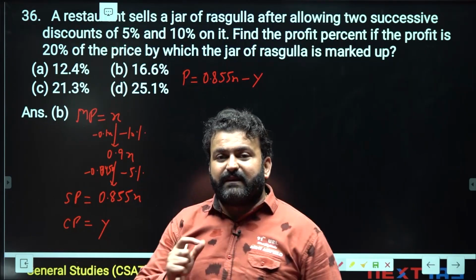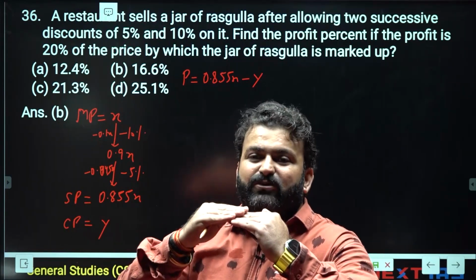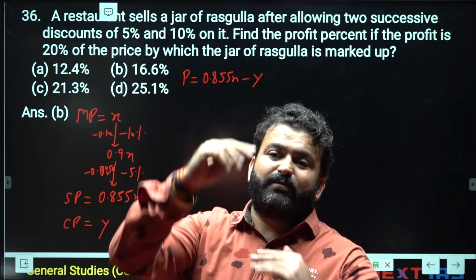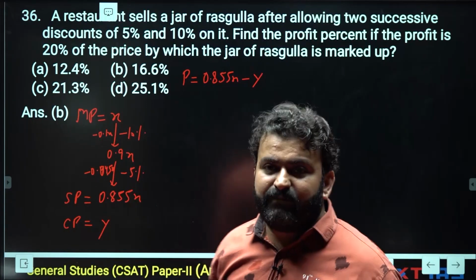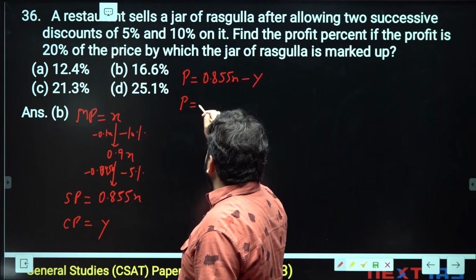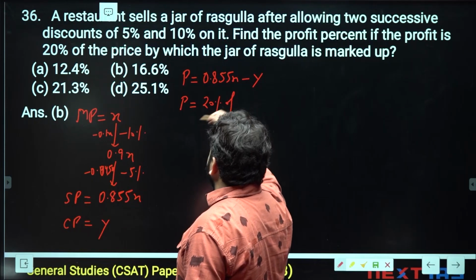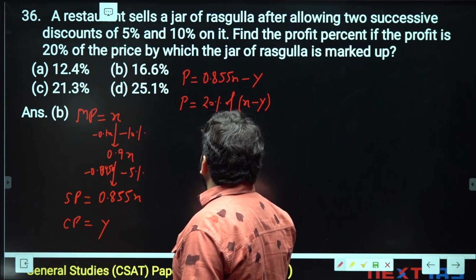So price which is marked up means what? With respect to cost price, how much higher the shopkeeper has marked. So that is the difference of marked price and cost price. So here in this case, profit numerical value is given as 20% of the difference of x and y, 20% of x minus y.